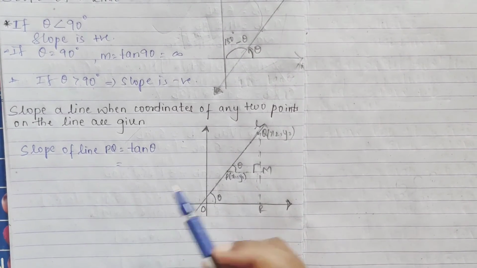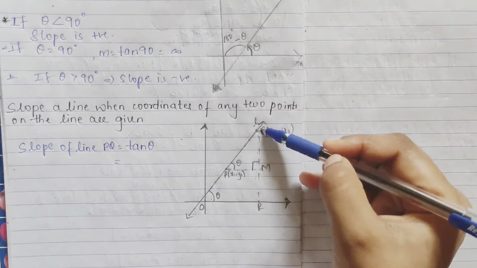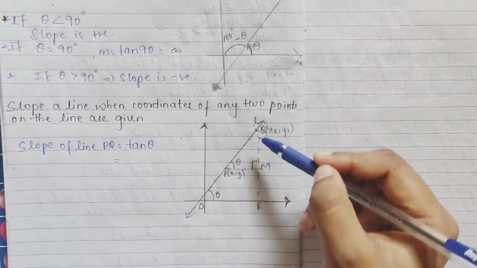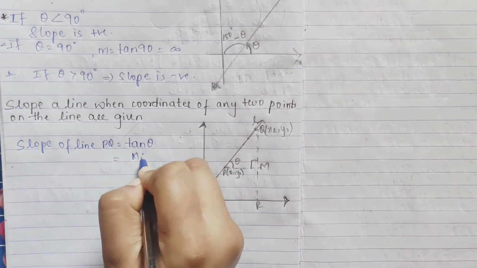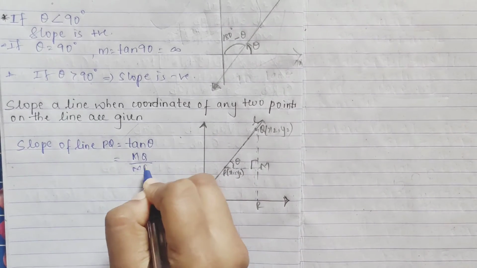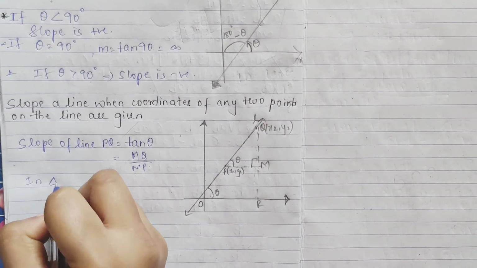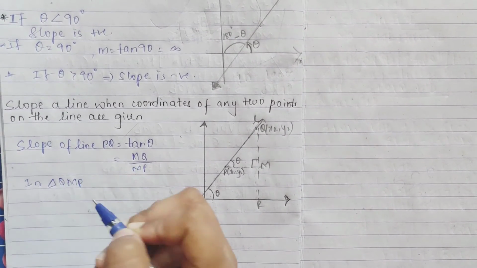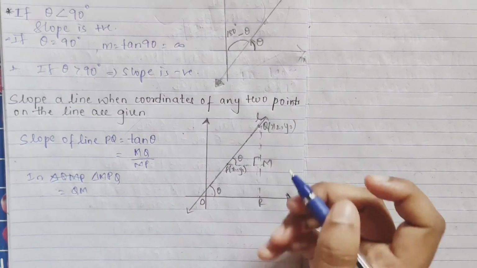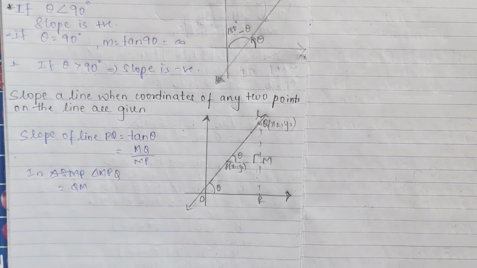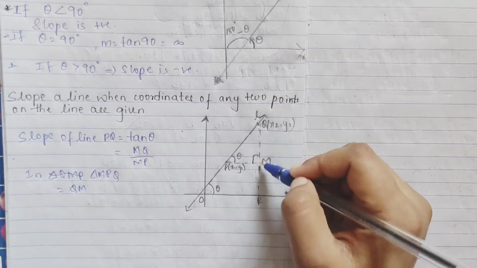In triangle QMP, tan theta is perpendicular by base, that is QM divided by MP. So in this triangle MPQ, let us look at QM.